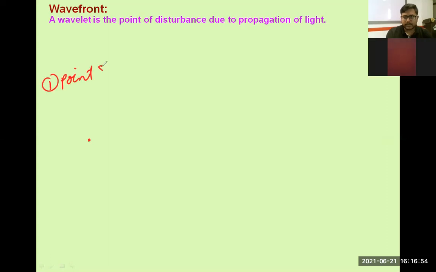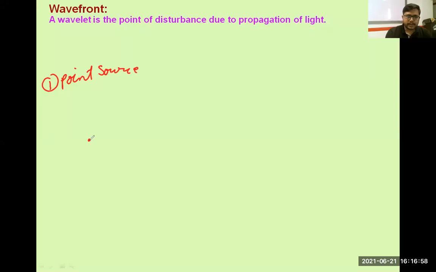For a point source, rays of light will emit like this, like this, like this. It means from a point source, light will emit in all directions. From a point source, all the rays of light will emit.